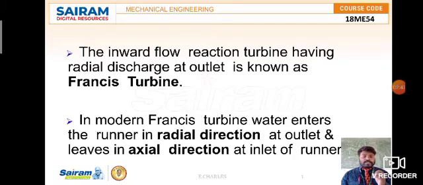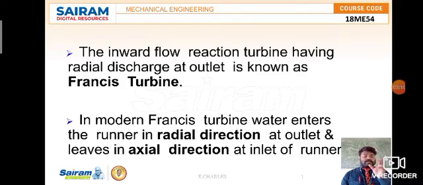The expansion takes place in the Francis turbine. Water expands or hits the turbine blades and the rotor, or moving blades, rotate. After spinning the turbine blades, water goes to the discharge or outlet area and leaves in the axial direction. What is this axial direction all about? There will be a shaft, which will be spinning, rotating.